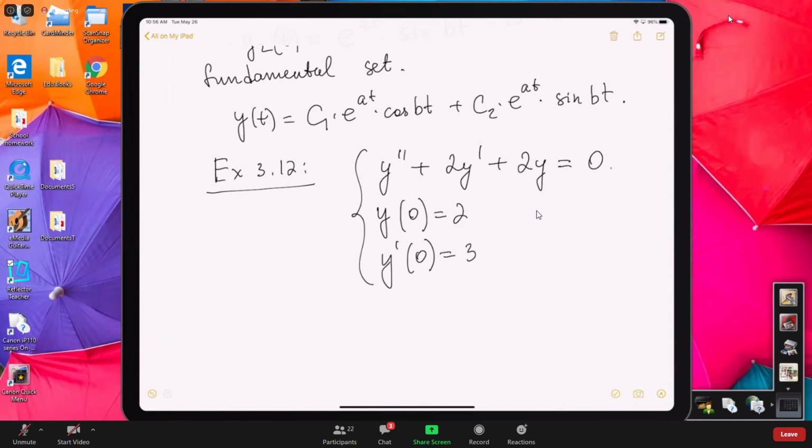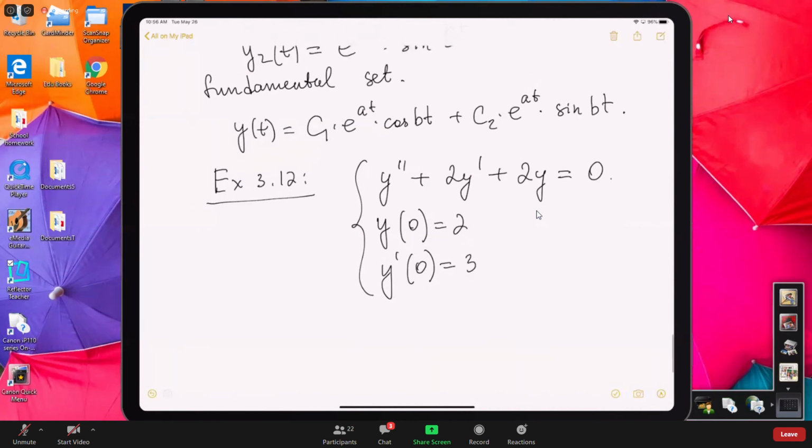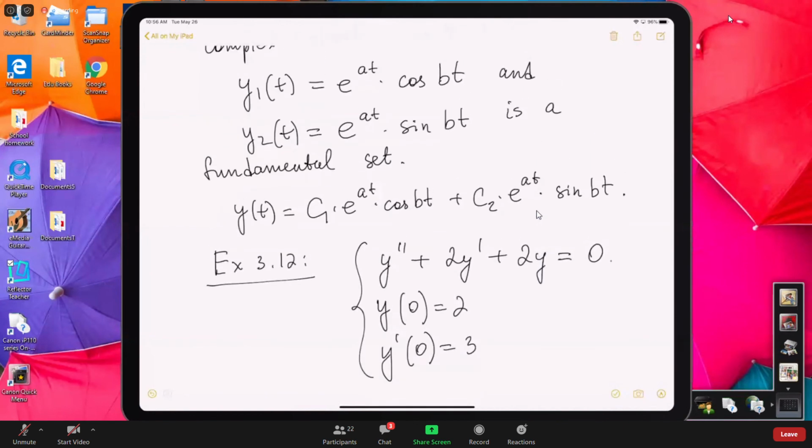All right, let me give you a few minutes to try this in groups. So please build the characteristic equation, find the corresponding roots. You should be getting two complex roots. And once you have those roots, you know what the fundamental solutions look like, right? y sub 1 and y sub 2.